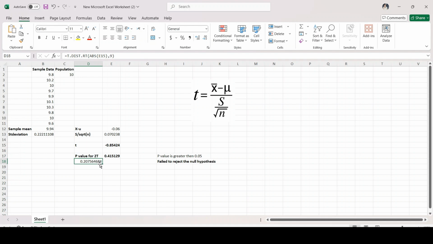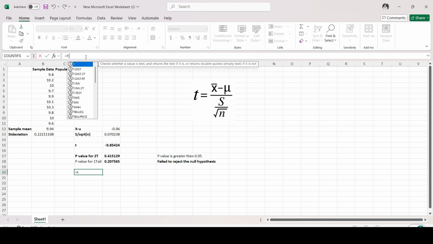So here this is the p value for one tail, right? Here you can also see that this p value is also greater than the 0.05 significance level. So we can say that we fail to reject the null hypothesis if it would be a one tail test, right?